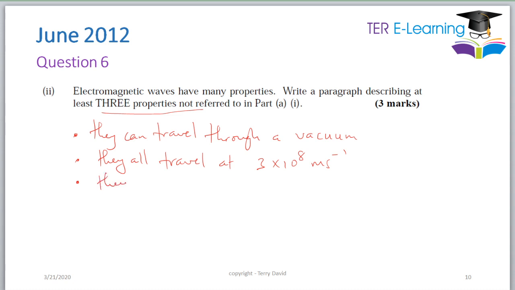Like you all said, they are transverse. You all said they can be reflected, it can be diffracted.